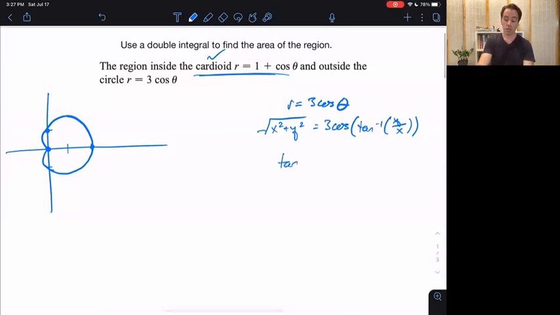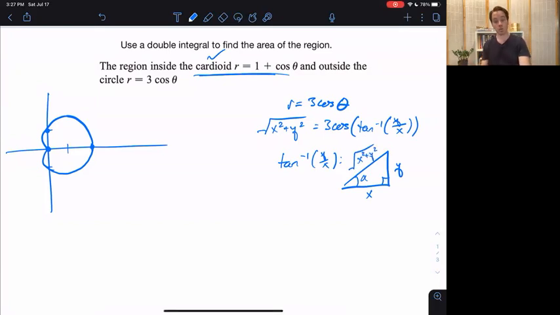So tangent inverse of y over x implies the existence of this triangle, where you have y over here, x over here, and this here is the angle, which I'll call alpha for now. Then this is the hypotenuse. Pythagorean theorem tells us that it will be the square root of x squared plus y squared.